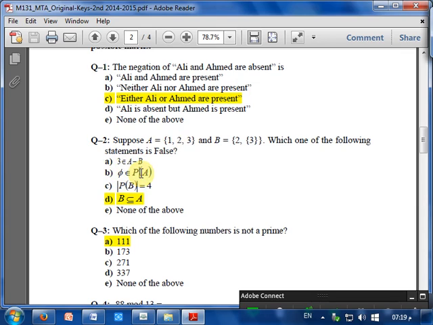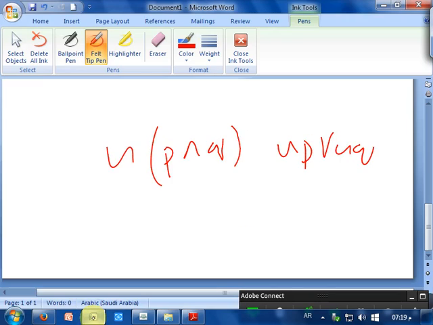Null belongs to the power set of A. Power sets are nothing but all the subsets of this set A. How do you write the power set?